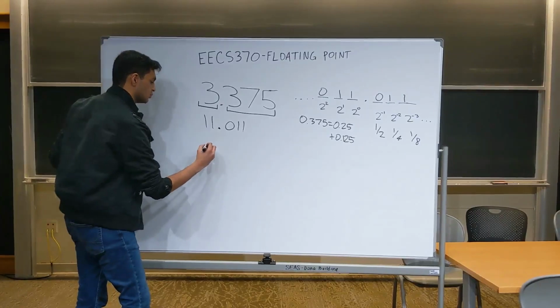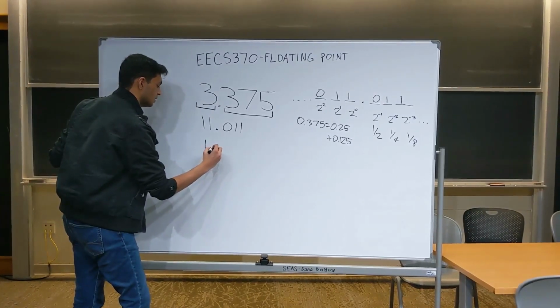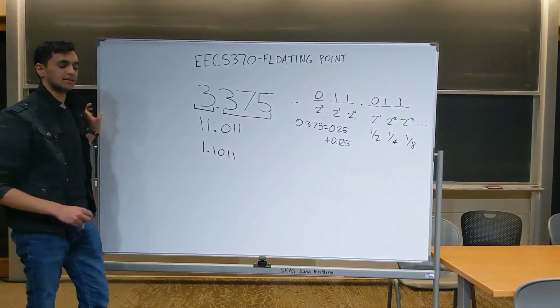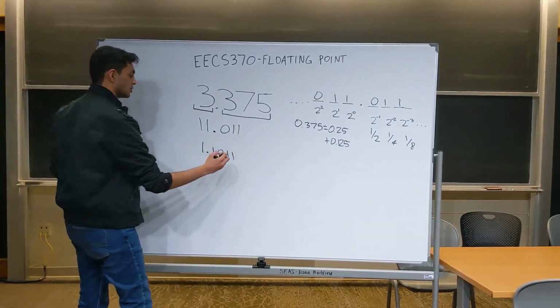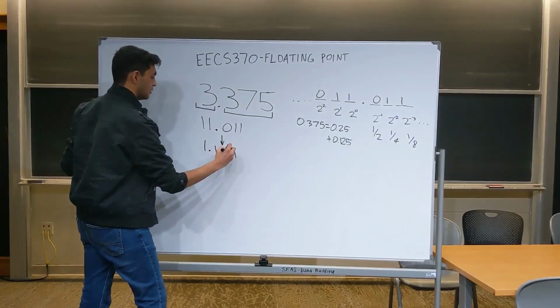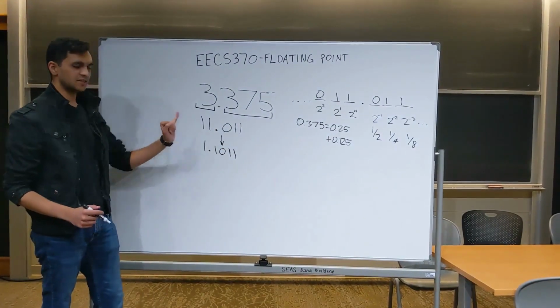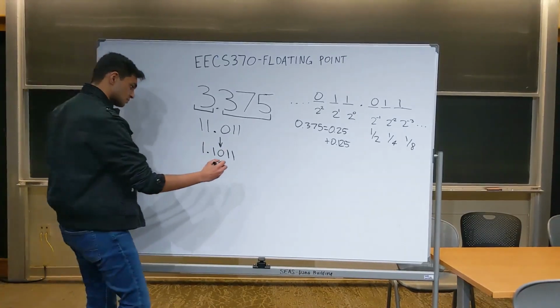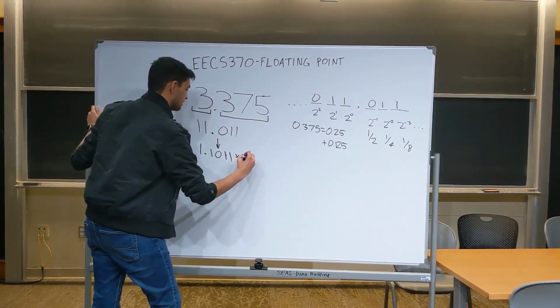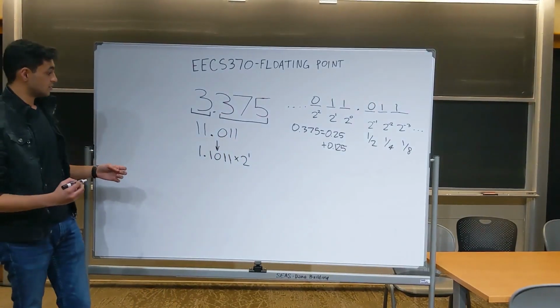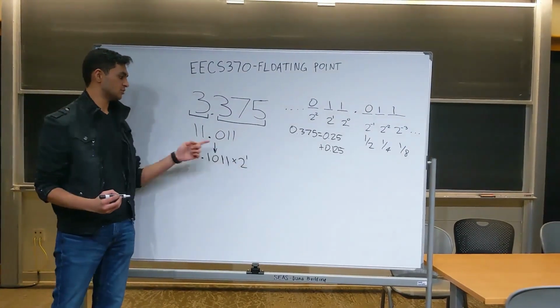What we want is for this decimal point to appear to the right of the very first 1 in the sequence like this. So in order to convert this number into this number, however, we notice that we're essentially taking this and shifting it over to the right. So we need to multiply this value by 2 to the power of 1 so that this actually equates out to whatever this is.